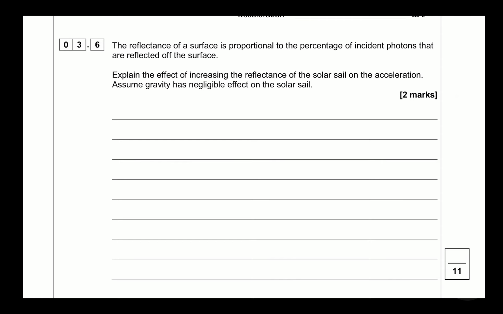Because what's going to happen is now the change in momentum is double because you've reversed the direction of the photon. So its change in momentum is whatever its initial momentum was to 0 back up to the negative momentum. So it's twice that. So your acceleration will increase.